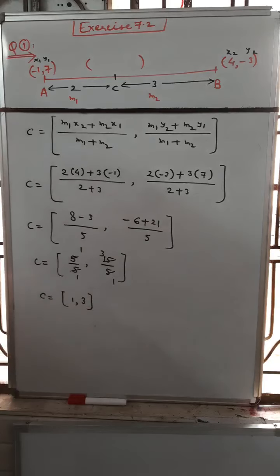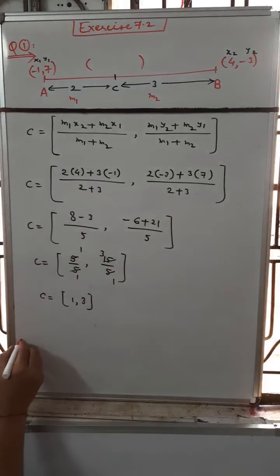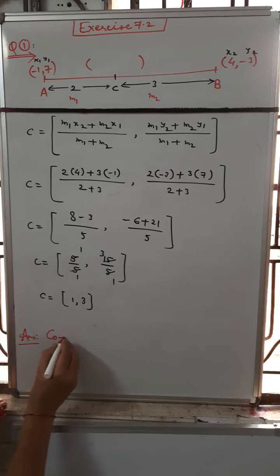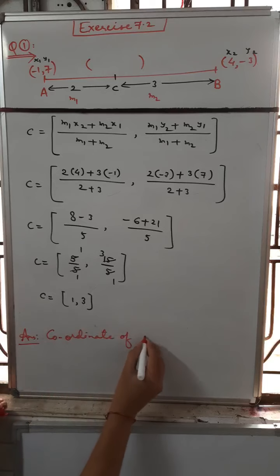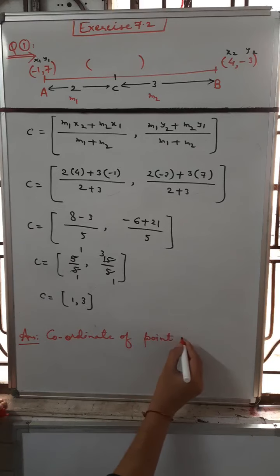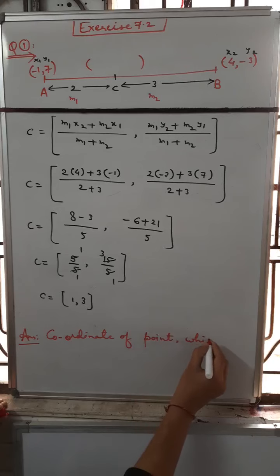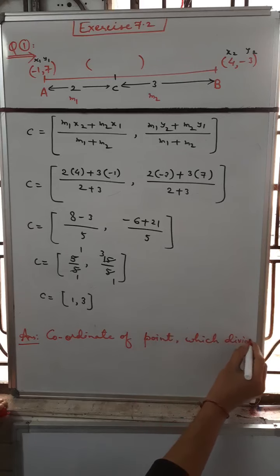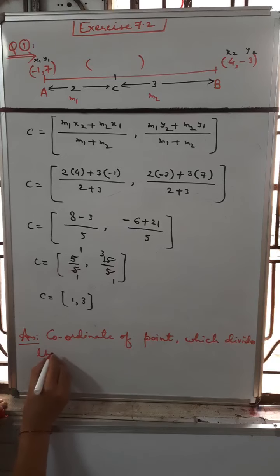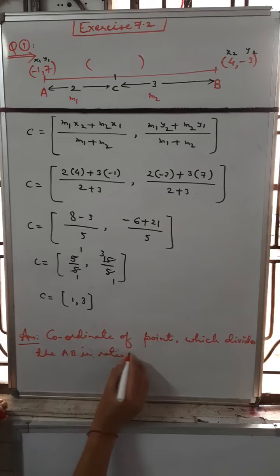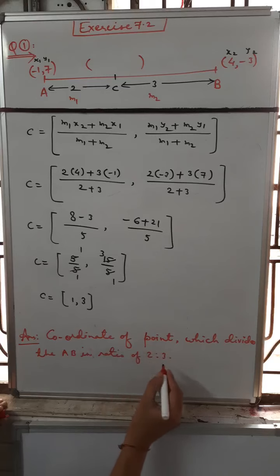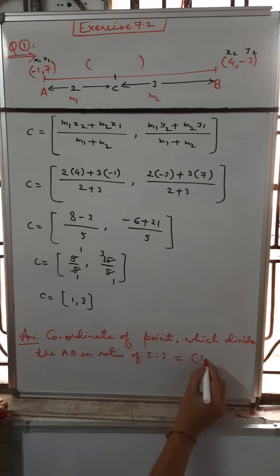So we can write the answer here: the coordinate of the point which divides the line AB in the ratio 2:3 is equal to the point 1, 3.